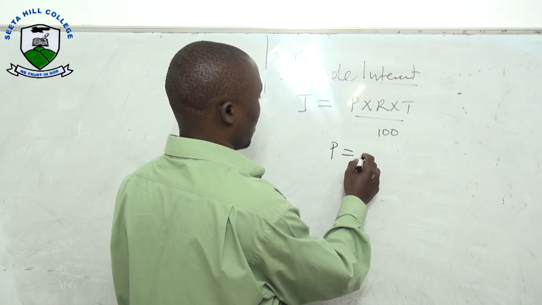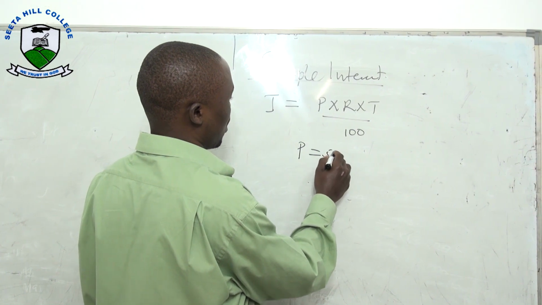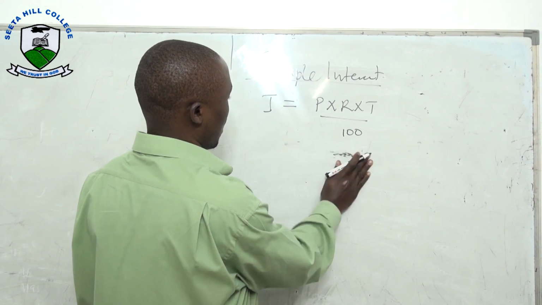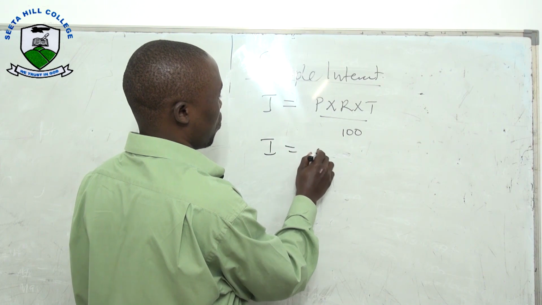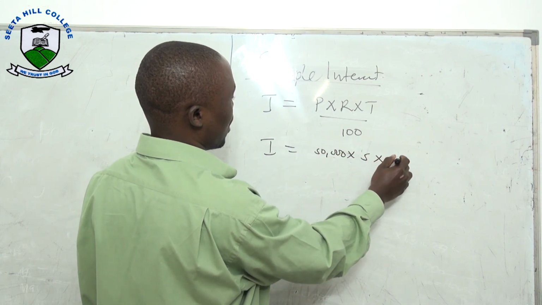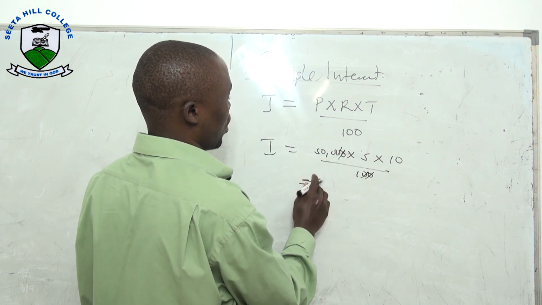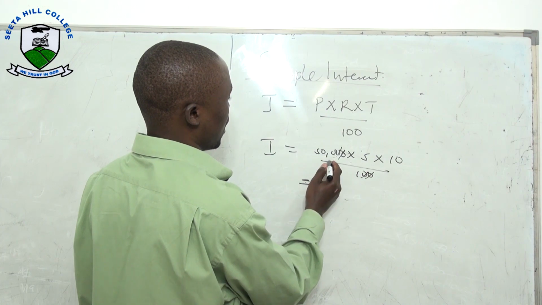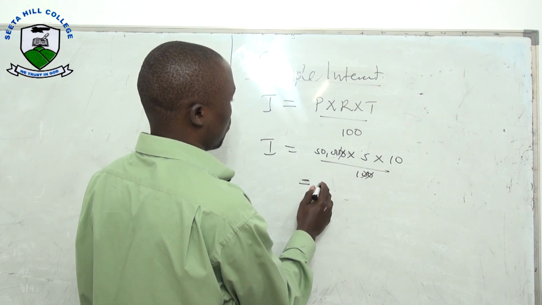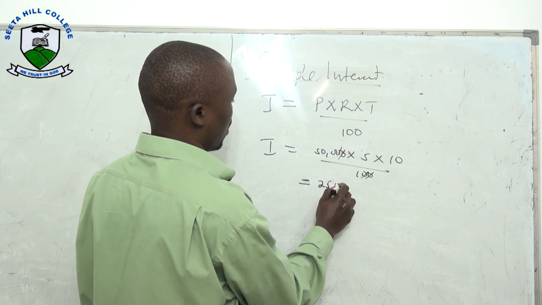That is 50,000 times 5 over 100, then times 10 years. What is the total interest he is given? 25,000.